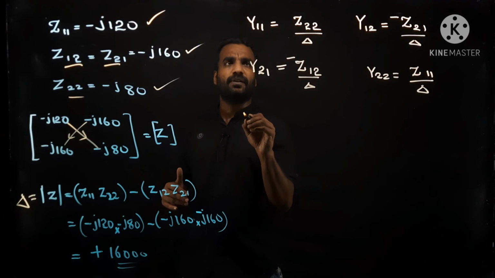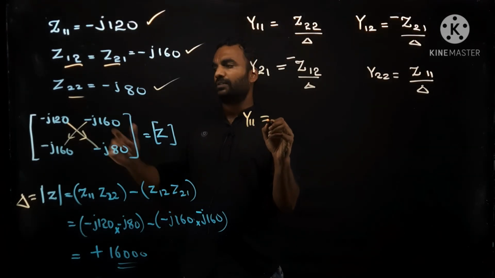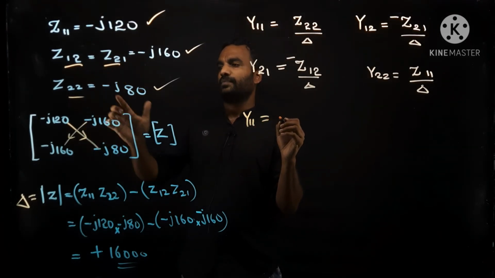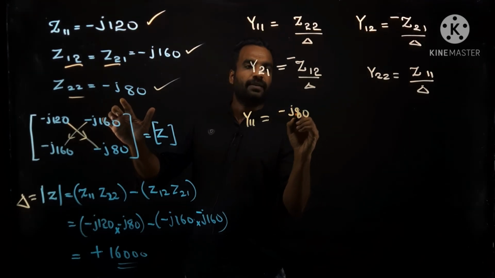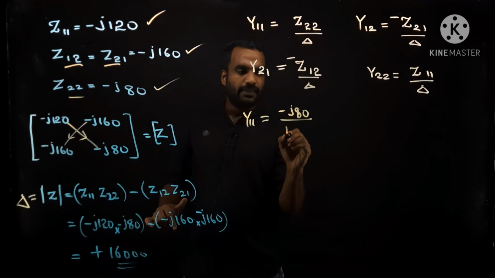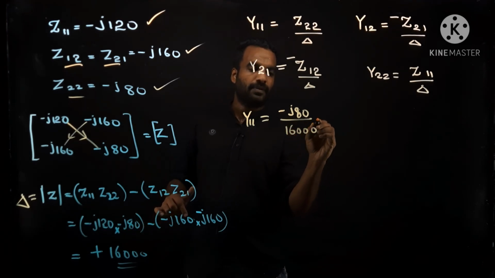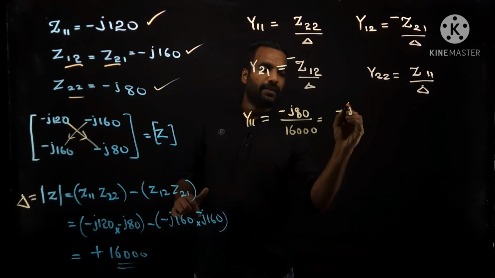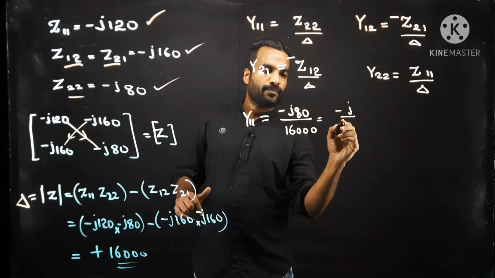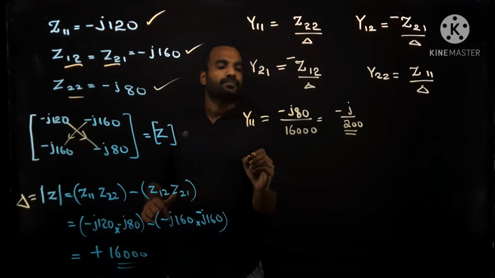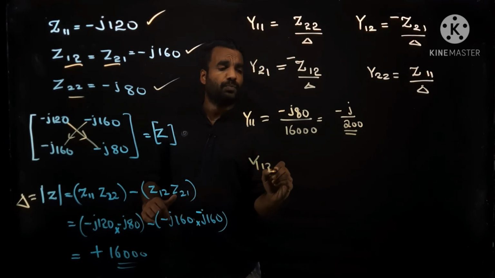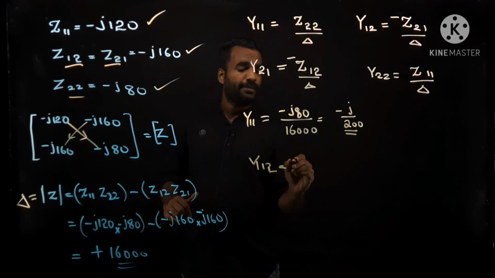Now it is very simple. Y11 is equal to Z22, that is minus J80, divided by delta, which is 16,000. So it will be minus J by 200. Y12 is equal to minus Z21.